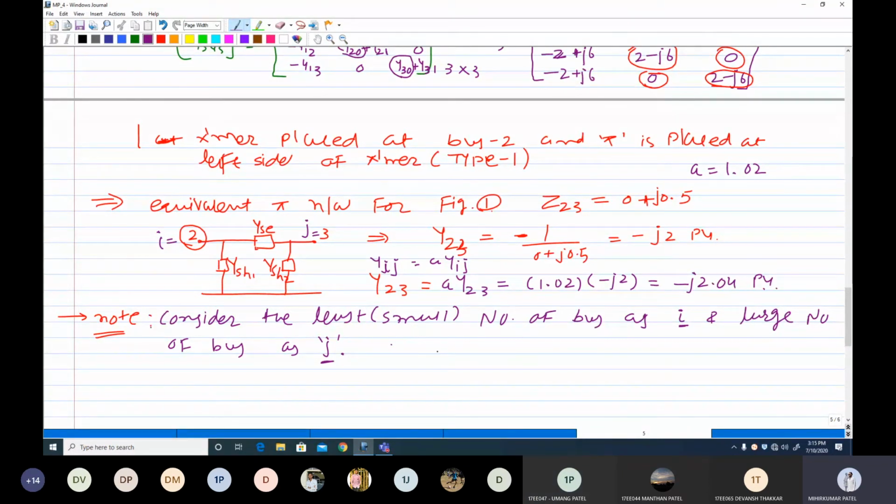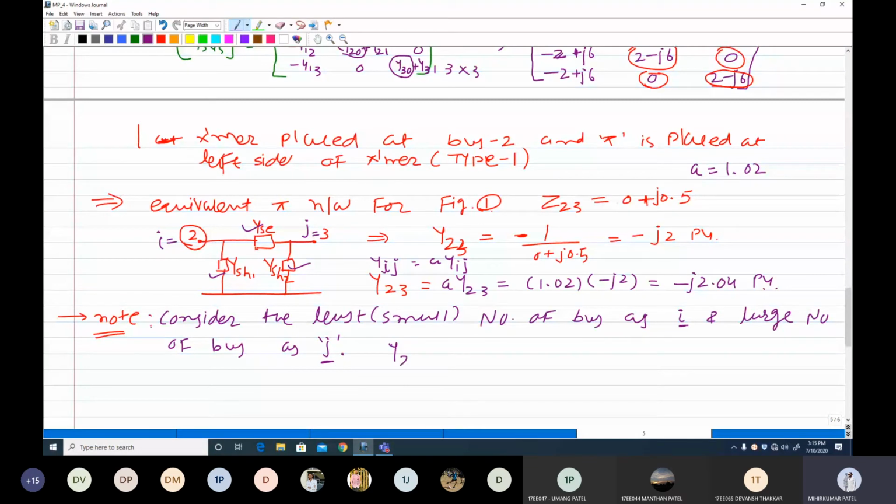Very good. Okay. Now next, just help me to calculate. We have calculated this series element. Now what about the rest of the two shunt elements?